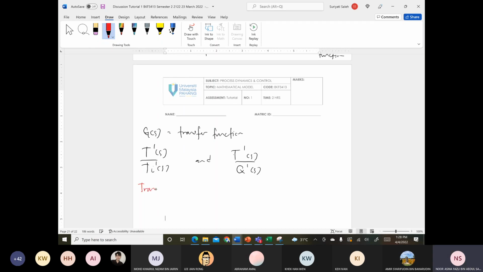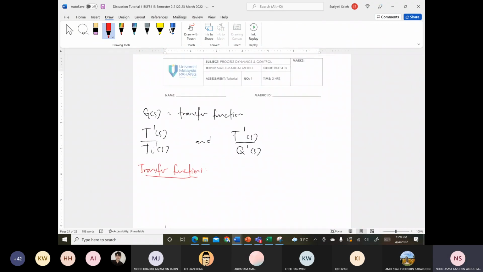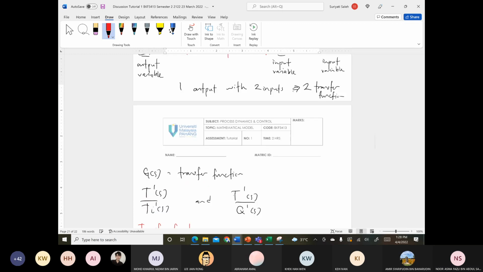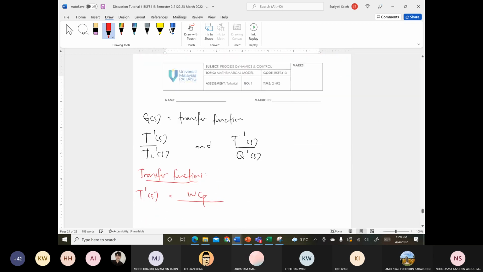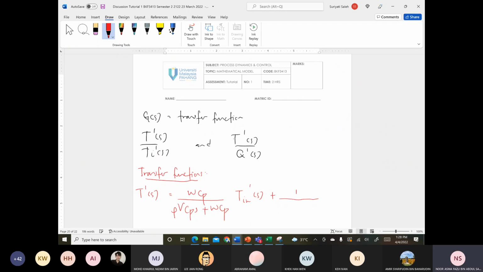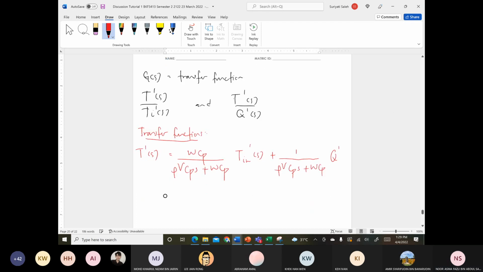So let's say here we put the transfer function. Based on your case, T prime equal to W Cp over... All right.